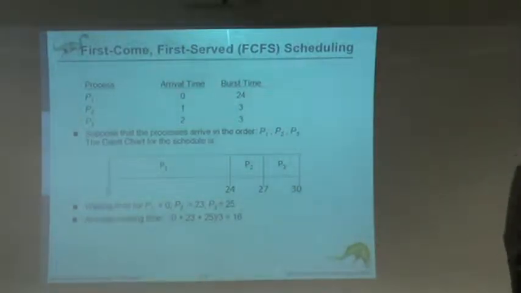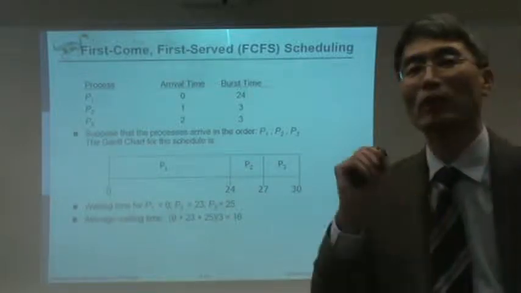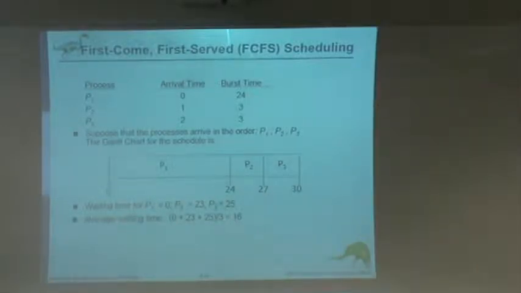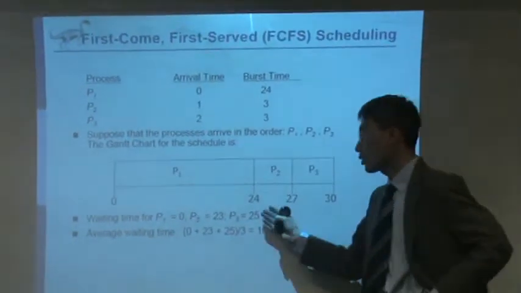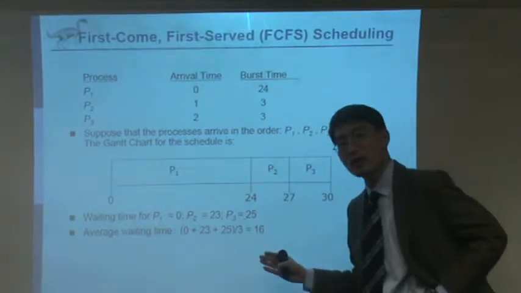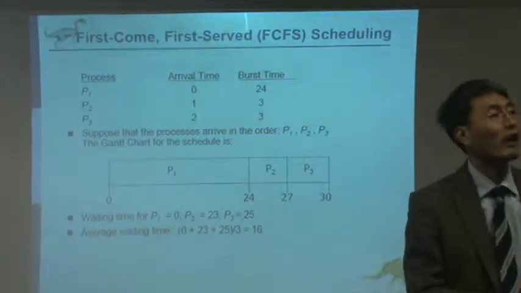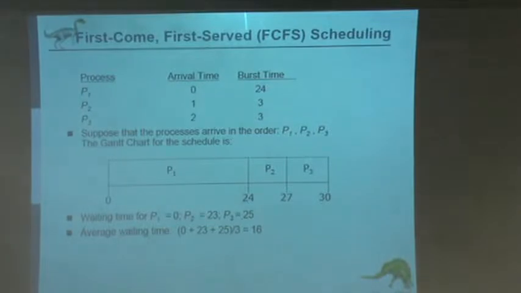It doesn't take a long time, just a couple of minutes. Why don't you practice by yourself, by hand or on scratch paper? The average waiting time and average response time are not very complicated as long as you understand what the waiting time is and what the response time is. Using the definitions of waiting time and response time, you can compute the average waiting time and average response time.